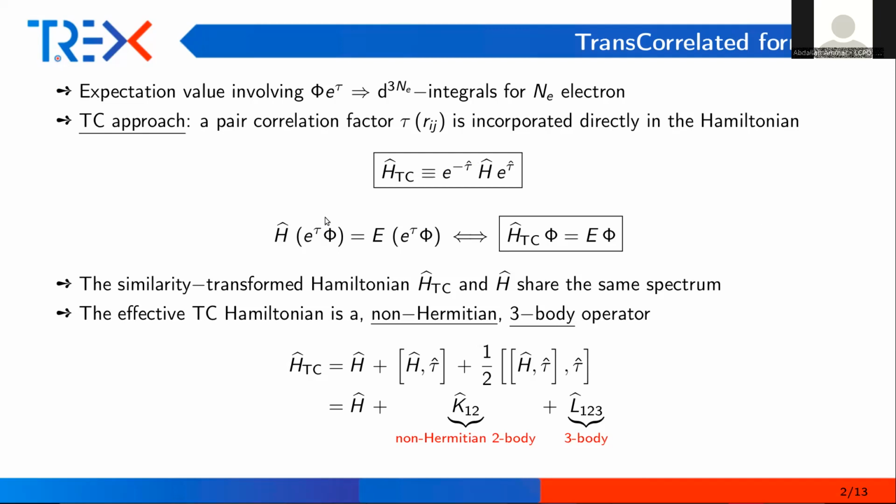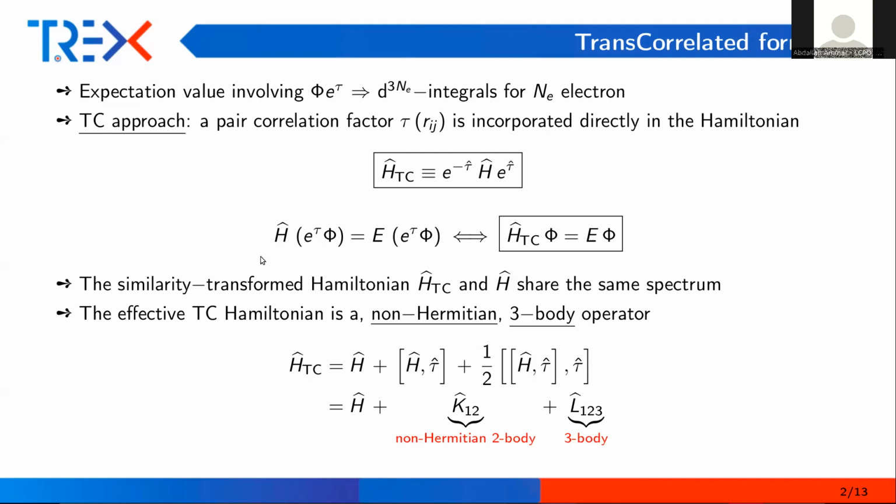Therefore, solving the Schrödinger equation where tau is included in the wave function is formally equivalent to solving a new differential equation where the standard Hamiltonian is replaced by the transcorrelated Hamiltonian H_TC.